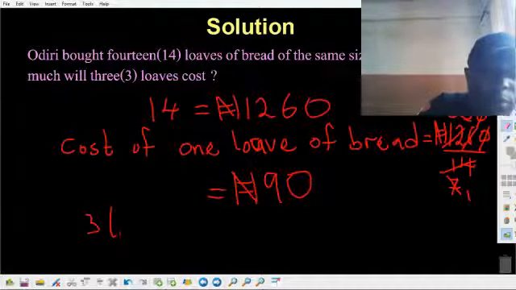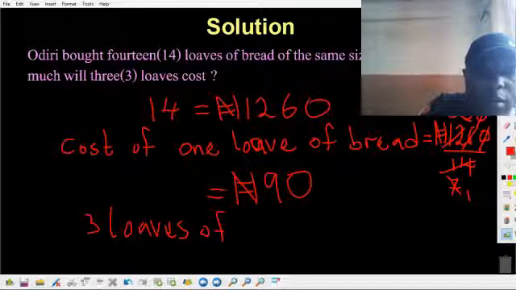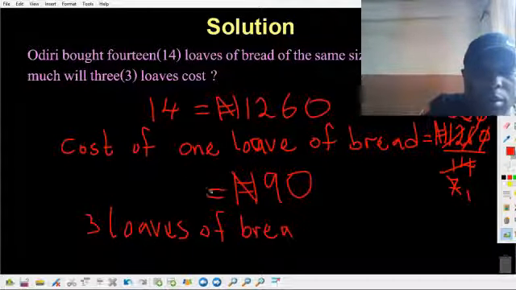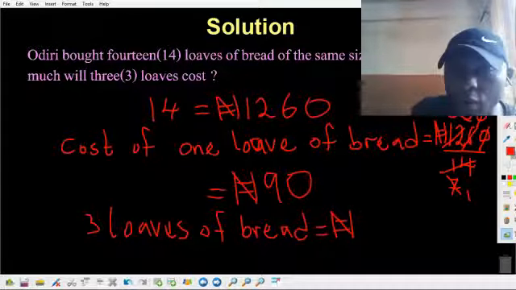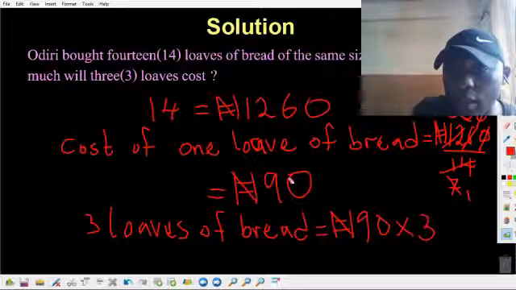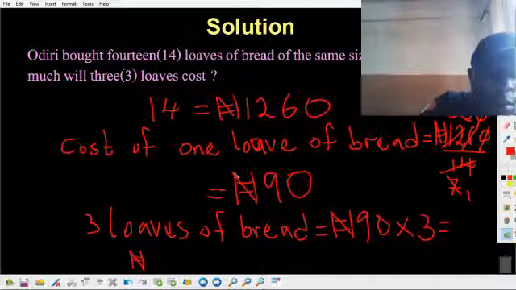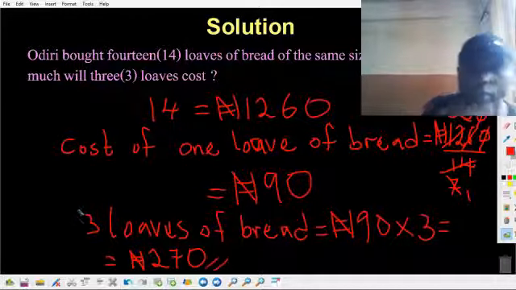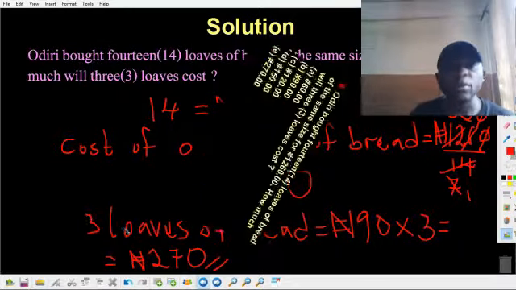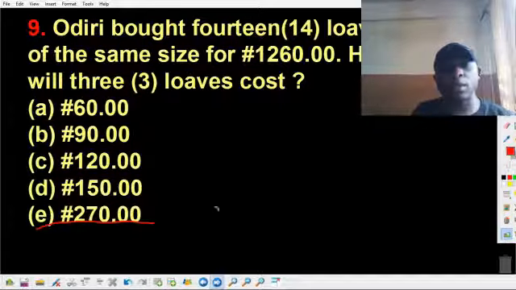Are you with me? 3 loaves of bread is equal to 19 naira, meaning that's the cost of 1 bread multiplied by 3, and that will give us 270 naira as the cost of 3 loaves of bread. And what option do we have here? Option E.